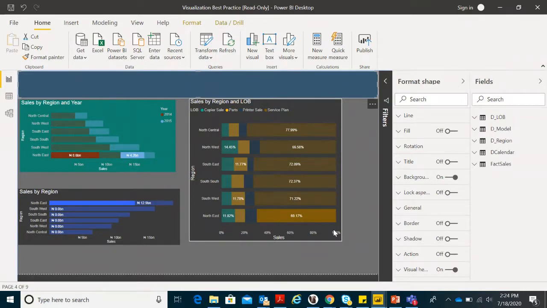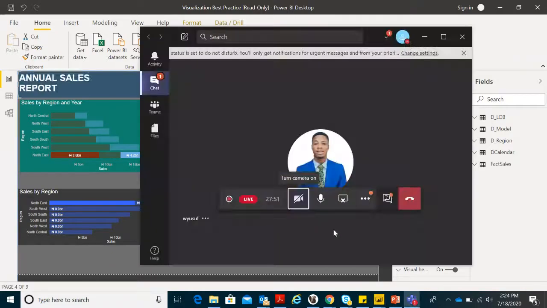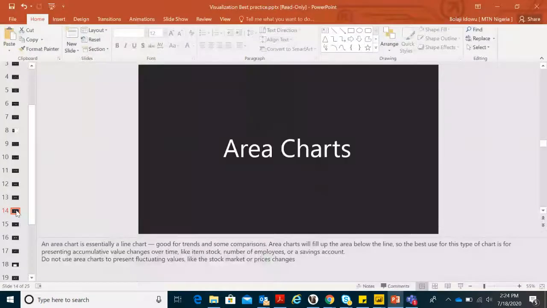Let's move forward. We also have what is called area charts. Area charts are essentially line charts. They are good for trends and also for comparison. An area chart will fill up the area below the line. So you have drawn a line and then you want to fill up the area below that line. Area charts will be able to do that.